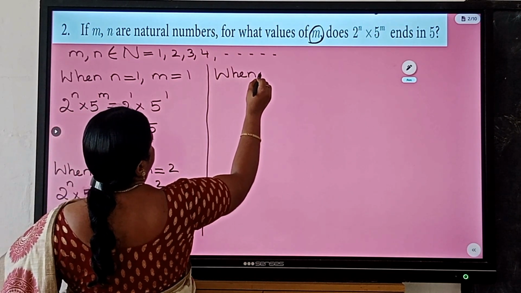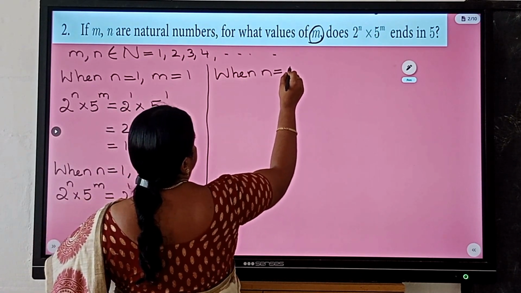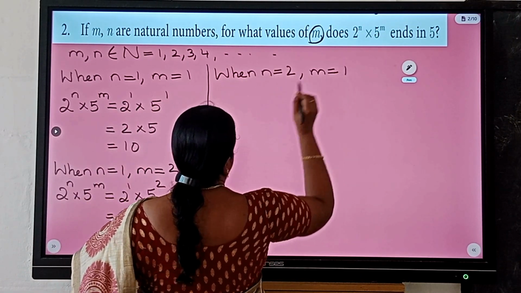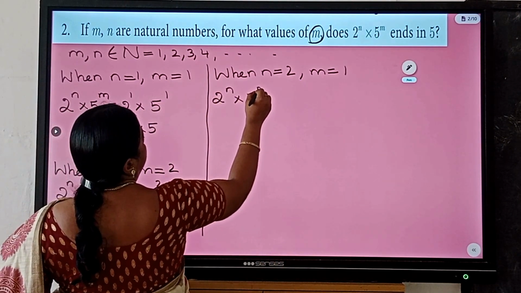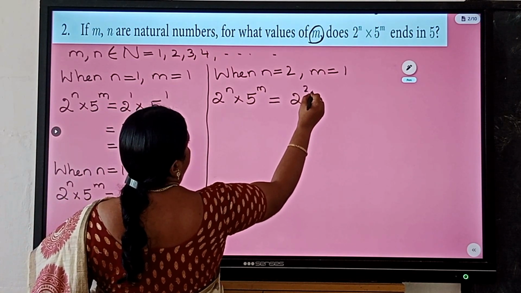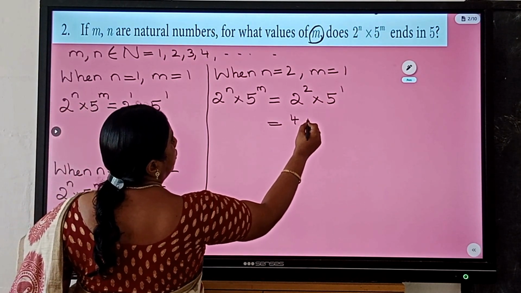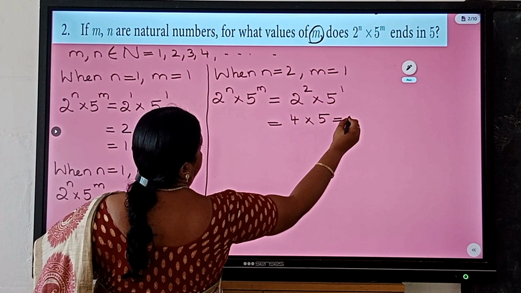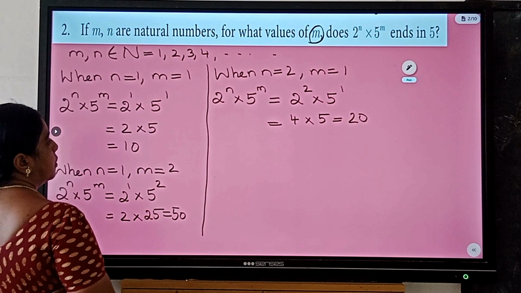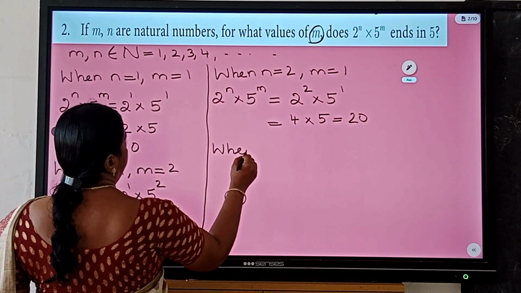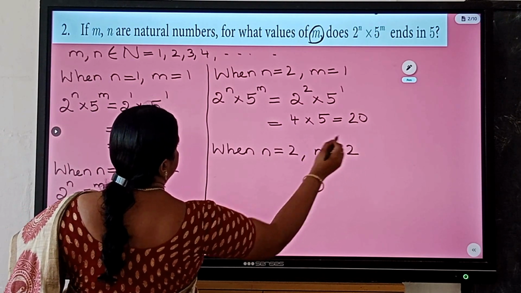Now let me take n as 2 and m as 1. Then 2 power n into 5 power m is 2 square into 5 power 1, which is 4 into 5, that is 20. Again, it is not ending in 5. Let me see when n is 2 and m is 2.